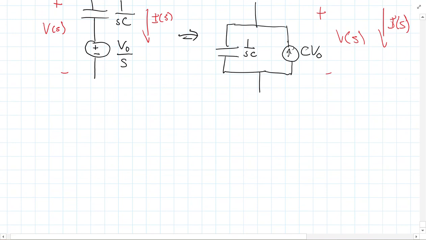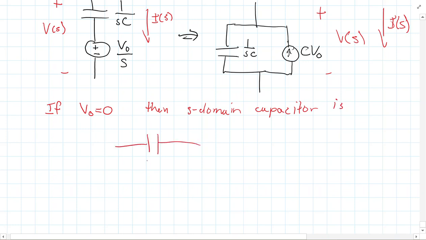Now, just like with the inductor, if V0 equals 0, then the S domain capacitor is simply a capacitor with a value of 1 over S times C.